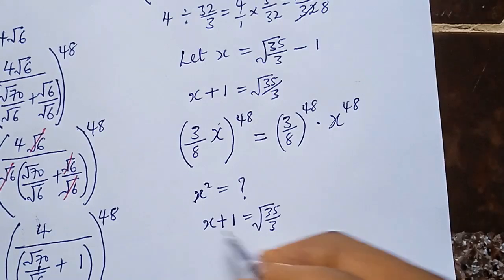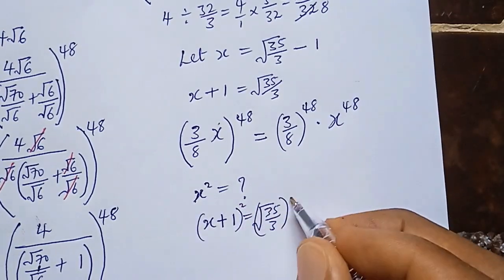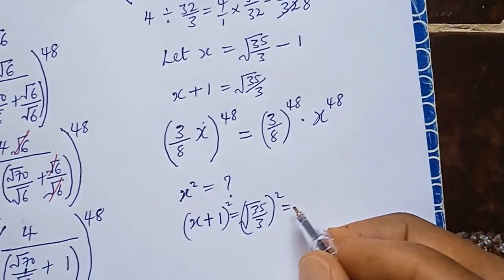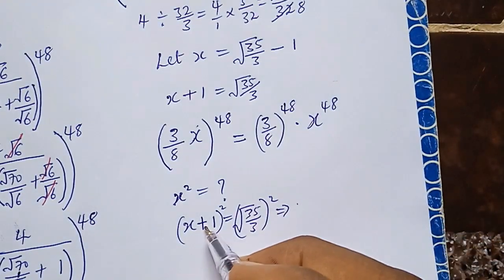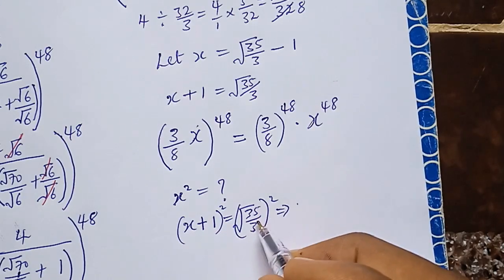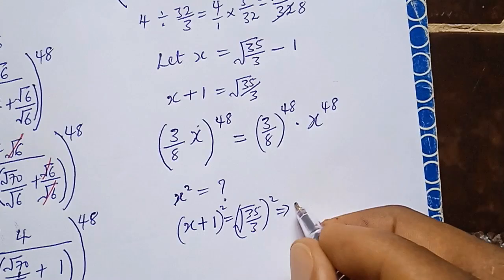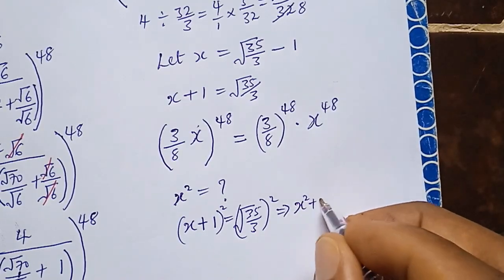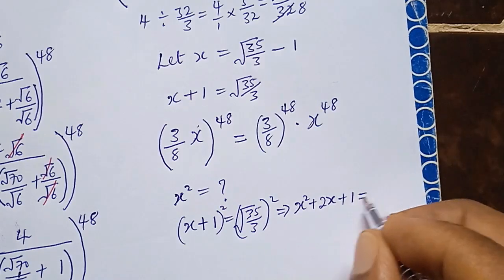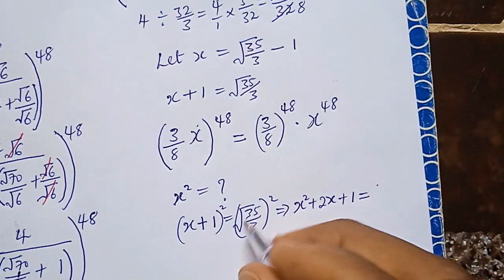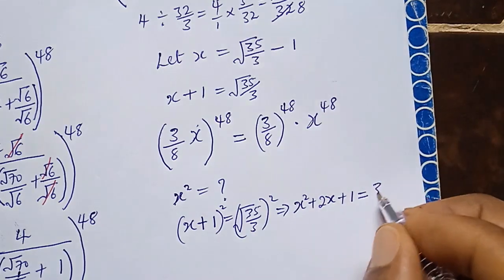If we square both sides, we will expand this and simplify. The expansion gives us x raised to power 2 plus 2x plus 1, everything equals 35/3.